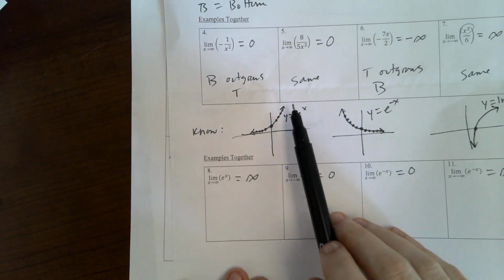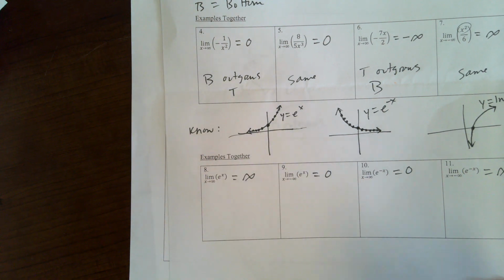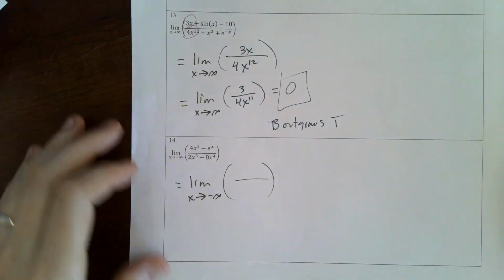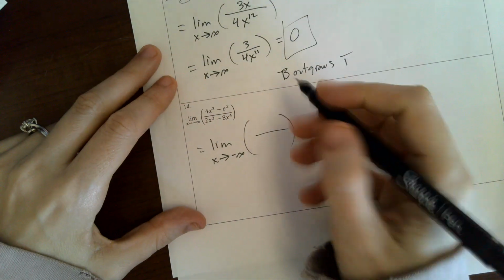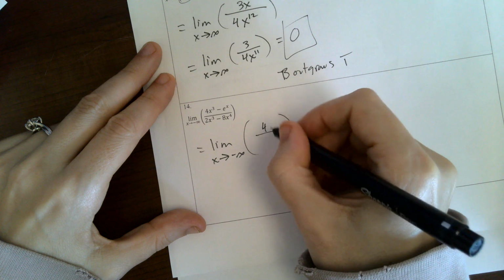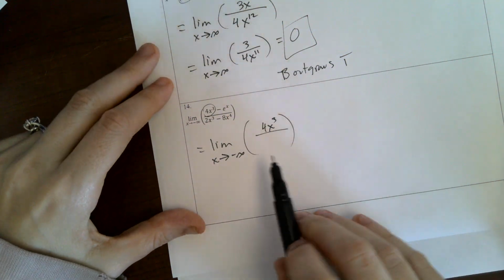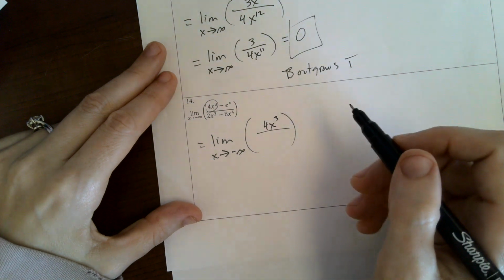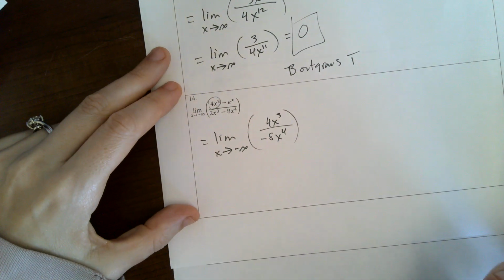If you're moving further and further left on the graph, the y values are actually shrinking. They're getting smaller. So in this case, because x is approaching negative infinity, it's actually this term that is winning. And then in the bottom, negative 8x to the 4th is winning.